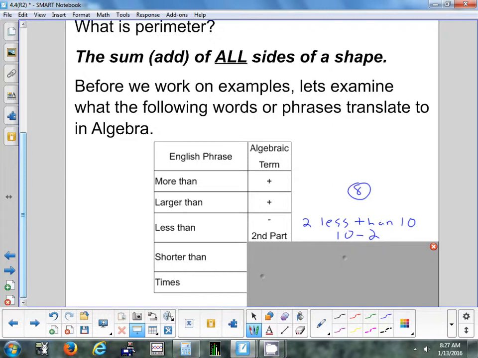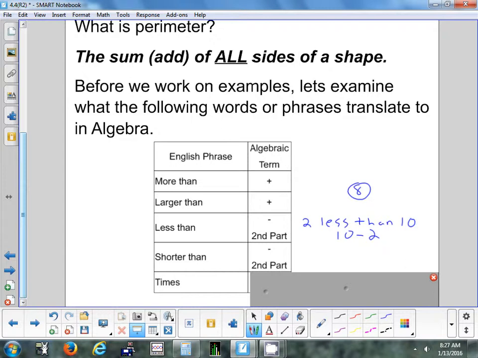That's a little tricky. Same thing with shorter than. If I said this is 2 feet shorter than 10 feet, 2 feet shorter than 10 feet means 10 feet minus 2 feet. It's 8 feet. So when it's more than, when it's larger, it doesn't matter. You could do x plus 7, you could do 7 plus x. But the order matters when you're doing subtraction. You gotta put the number in the second part, less than whatever number you're given.